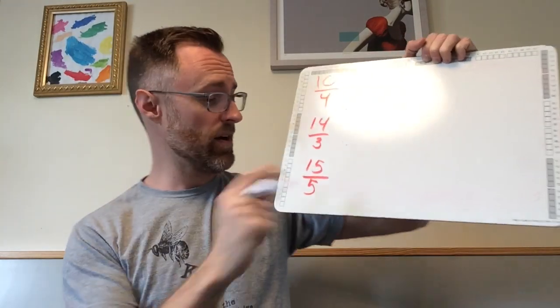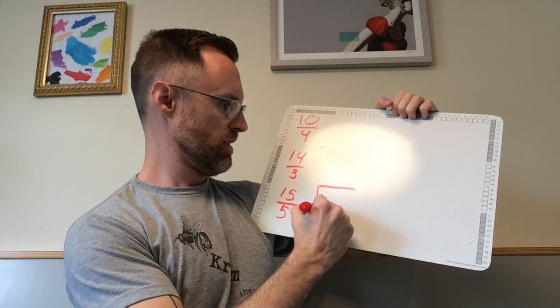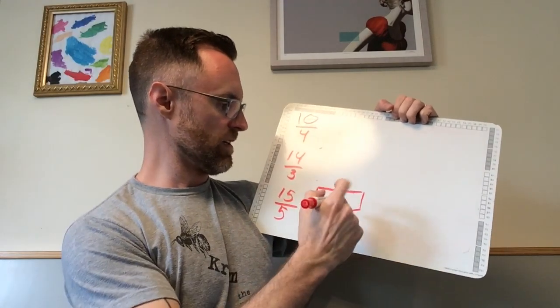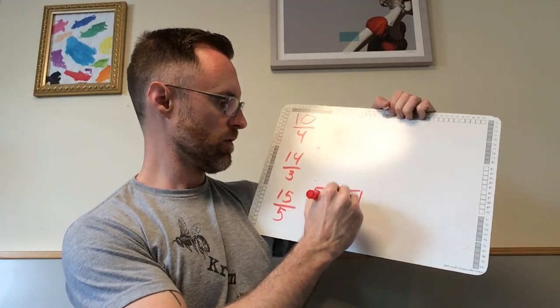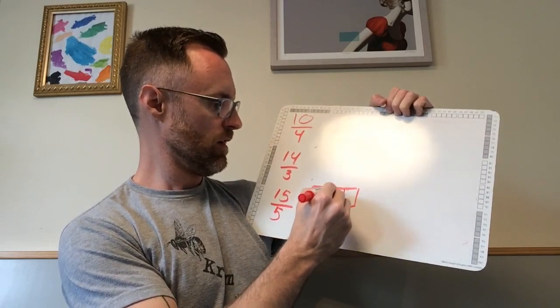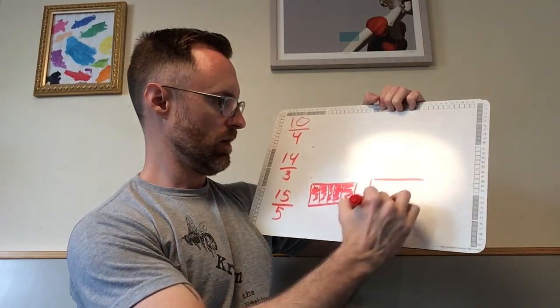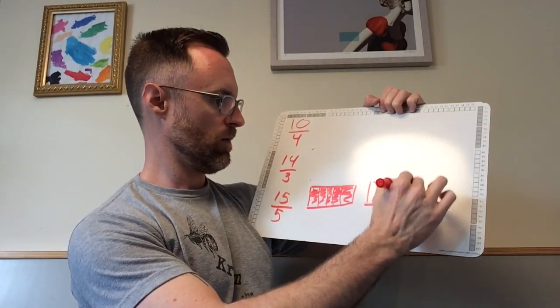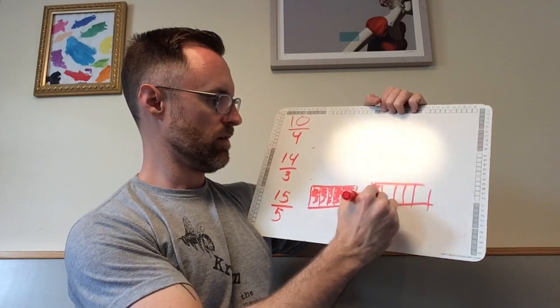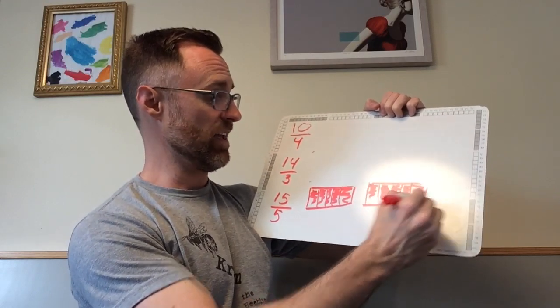15 fifths. Now I said do this as a candy bar because I have trouble doing it as pizza with fifths. I've got 4 lines to divide this up into 5 parts. All right, 1, 2, 3, 4, 5. All right. 6, 7, 8, 9, 10.